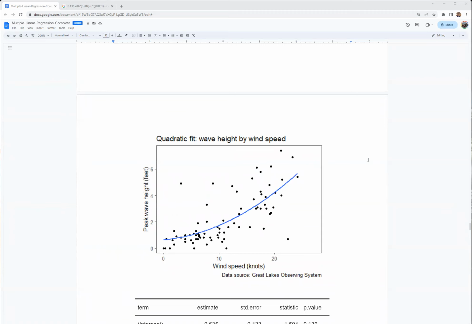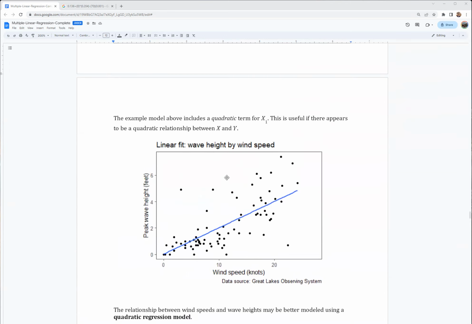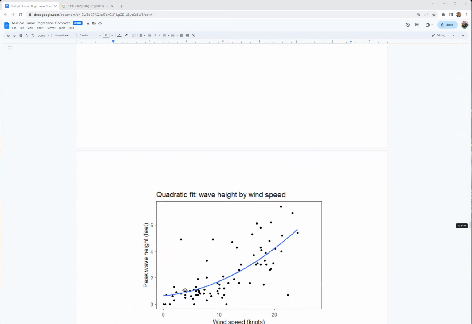Maybe this makes sense. Like maybe somehow as it gets windier, the waves get taller at a faster rate. That could be the case. Maybe that's what the data is telling us here. So how do we decide between these two models? Which one's better, just the linear fit or the quadratic fit?